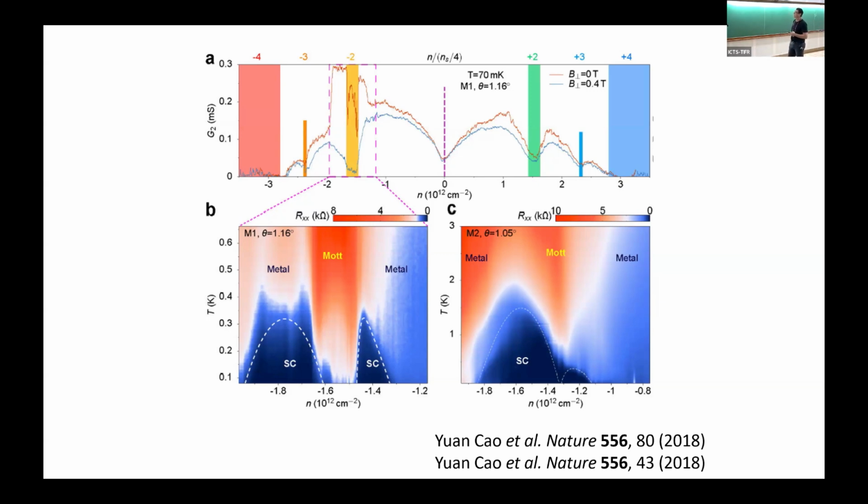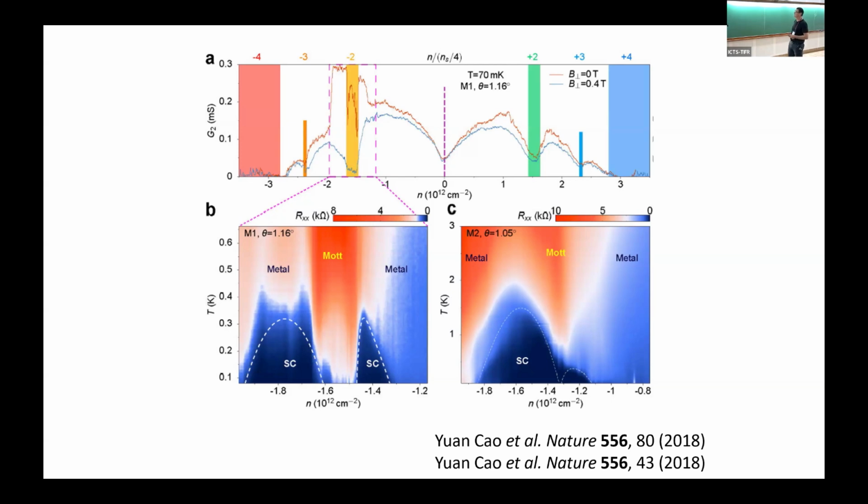What's surprising is what happens in between. Okay, so in particular, near the filling factor -2, which would correspond to 2 holes relative to the charge neutrality point per Moiré unit cell, they discovered that there is an insulating-like behavior, at least at higher temperatures, and that's flanked by a superconductor.